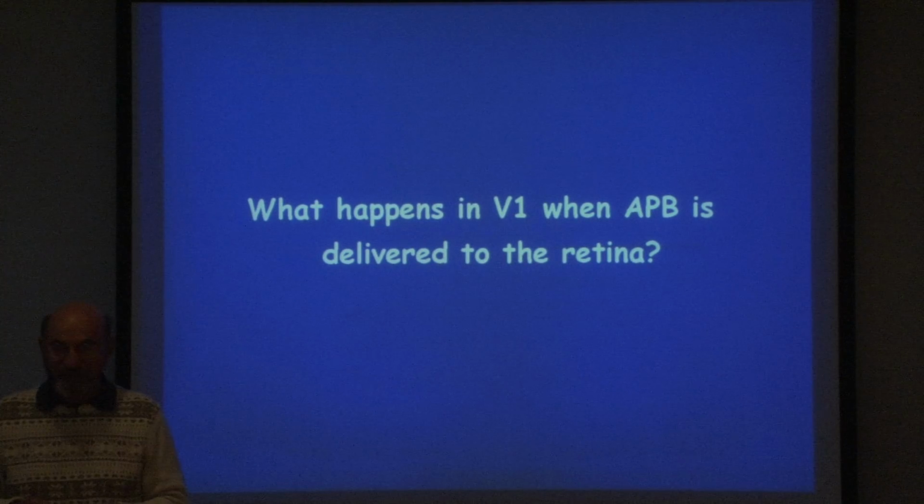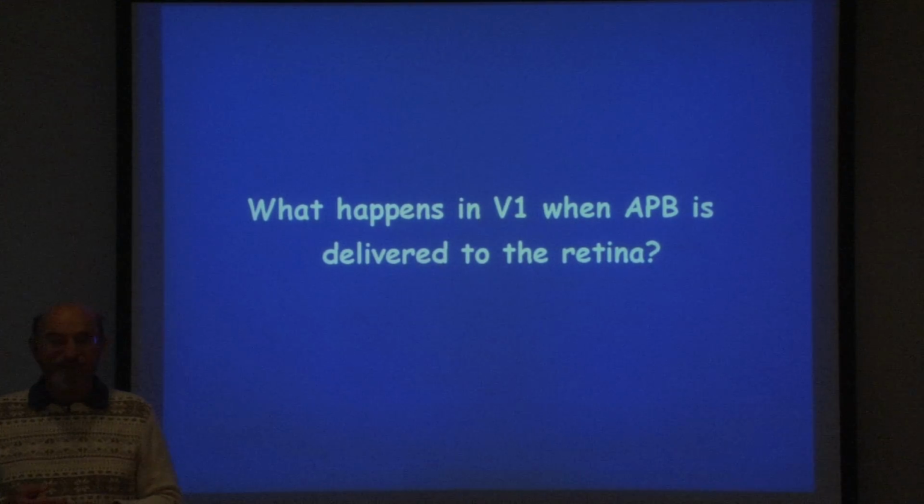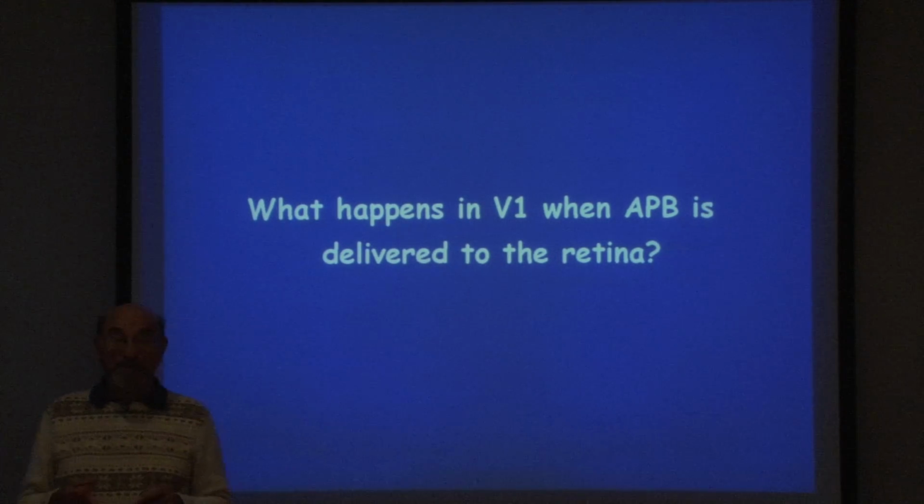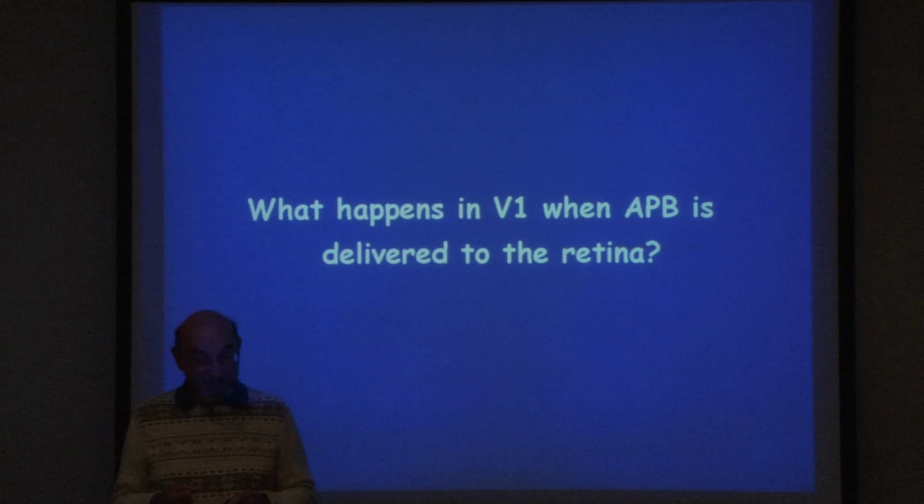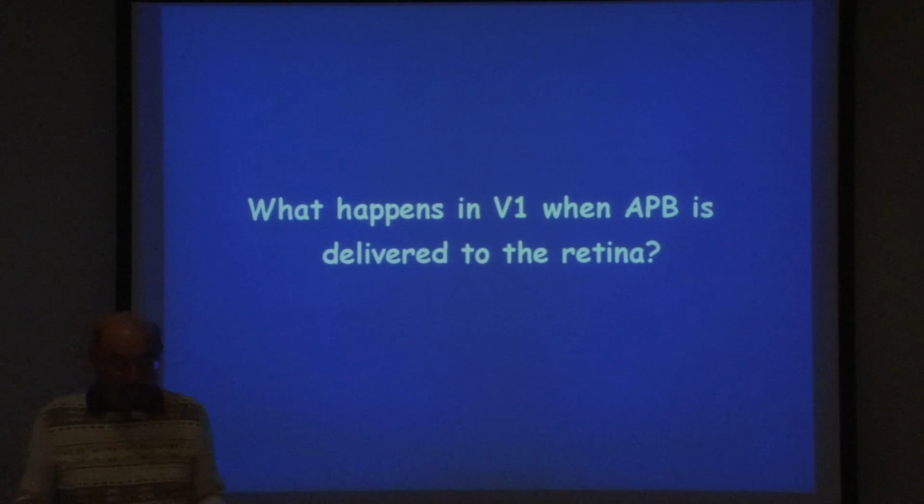Who remembers? Come on. Sure you remember that, don't you? That most of the cells are orientation specific, right? Most of the cells are direction selective. And most of the cells are selective for spatial frequency. So those are three of the major transforms.